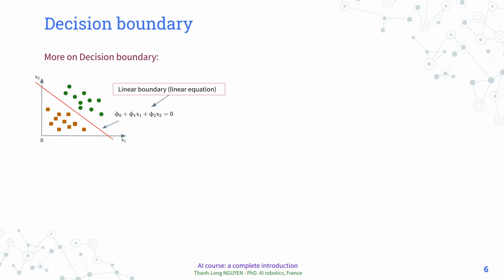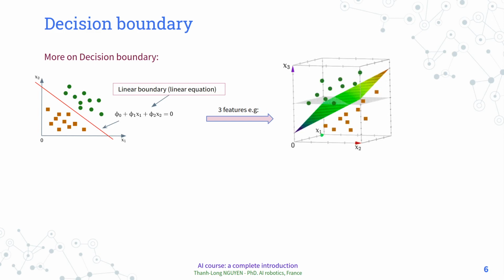To give you more intuition about decision boundary, imagine that we have more input features, for example 3. Then the decision boundary will not be a straight line anymore, but a plane, for example like this. In this case, we add phi3x3 to the linear equation.